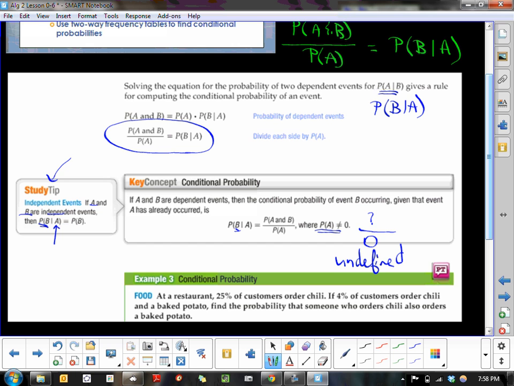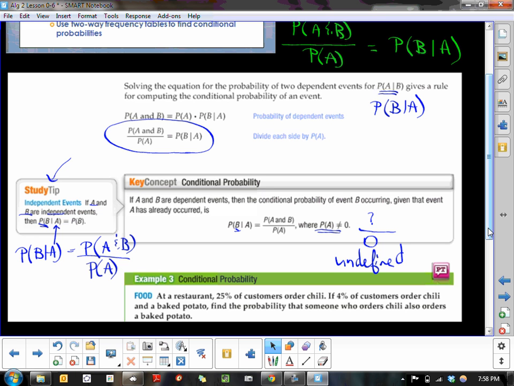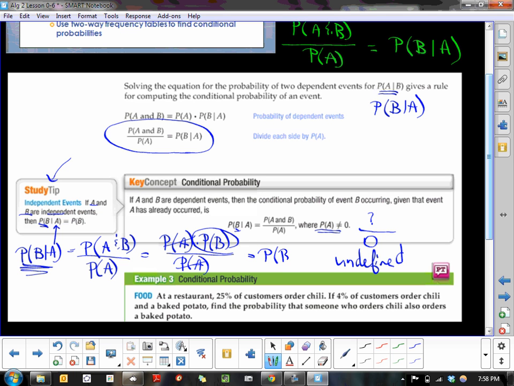So if we take the formula, the probability of B given A equals the probability of A and B divided by the probability of A. If A and B are independent events, as we looked at earlier in the lesson, the probability of A and B is nothing more than the probability of A times the probability of B. So I take the probability of A times the probability of B, divided by the probability of A. As you can see, the probabilities of A will reduce to an equivalency of 1, and the probability of B given A is nothing more than the probability of B. If they're truly independent, there should be no impact on whether A occurs; B is going to follow without any regard to what happened with A's draw.